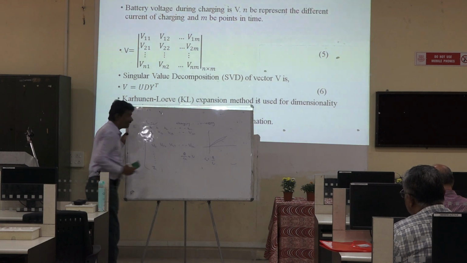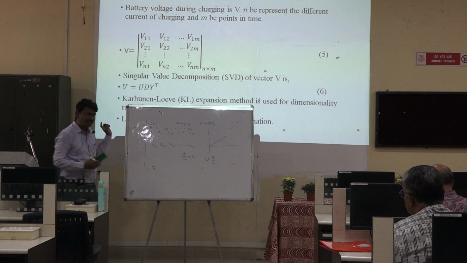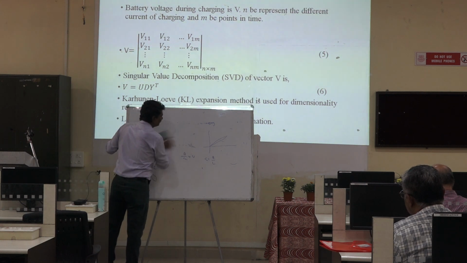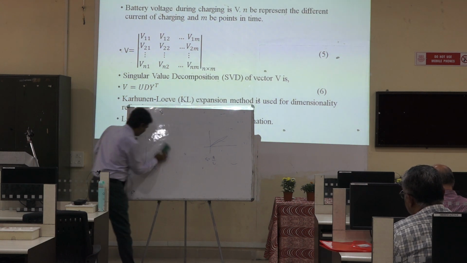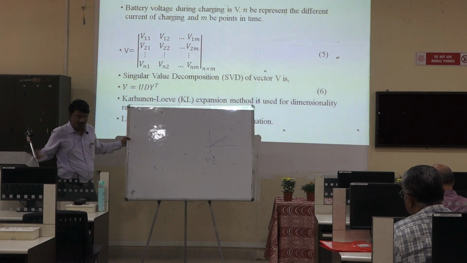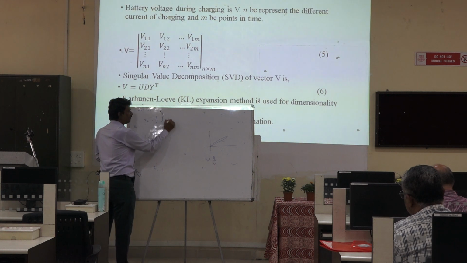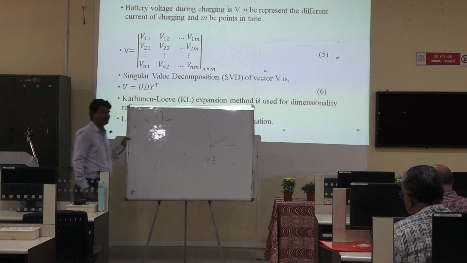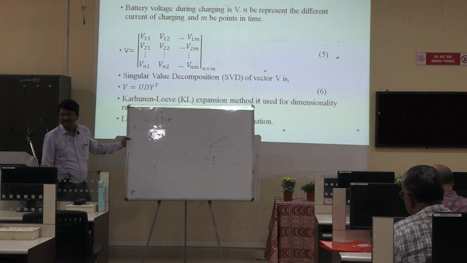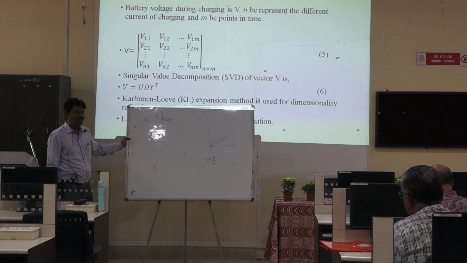I think you understand that matrix, how I am getting the data. What is the voltage across the capacitor? 1 by C integration I. Correct? 1 by C integration I. So I think all of you remember the Coulomb counting equation: 1 minus integration I dt upon Cm.